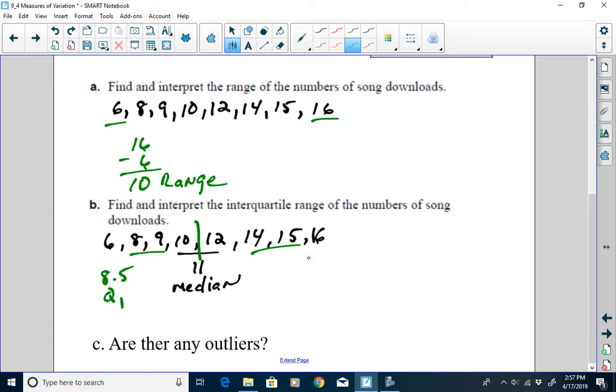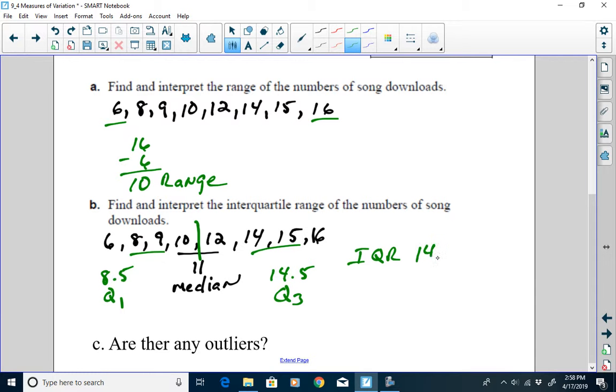To find my Q3, I have to add my two middle numbers because I have 4 data items in the upper half. I have to find the median of my two middle numbers. I add 14 and 15, divide by 2, I get 14.5 as my Q3. To find the IQR, I need the difference of those two numbers.